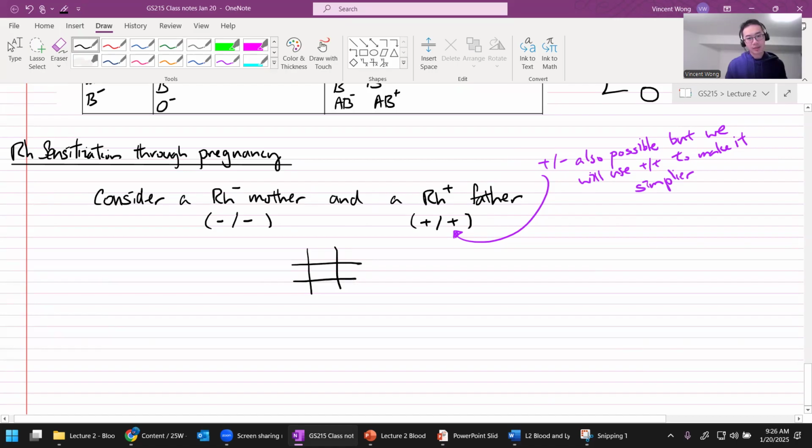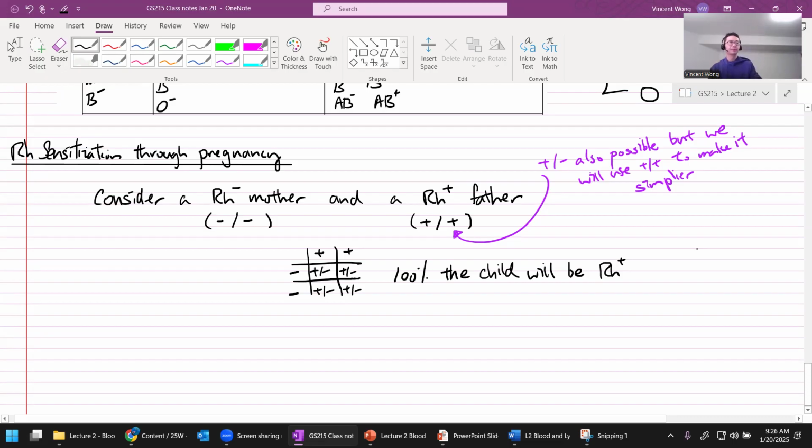I mean, you don't really need to, hopefully, to understand this, but why not? The mother is negative, negative, so all her eggs will be negative. Father is positive, positive. All the eggs will be positive. And if we do the Punnett square, you will see there's 100% chance, it's guaranteed, that the child and all the children will be Rh positive, right?